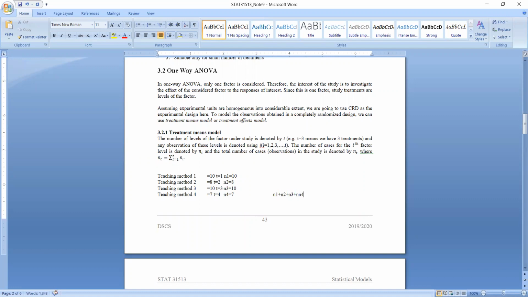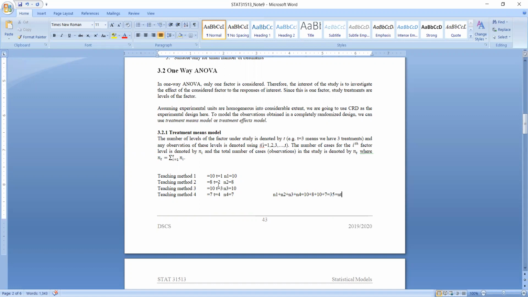This will give you the total number of observations, which in our case is 35. This is denoted by NT. So the total number of observations in your completely randomized design is denoted by NT.